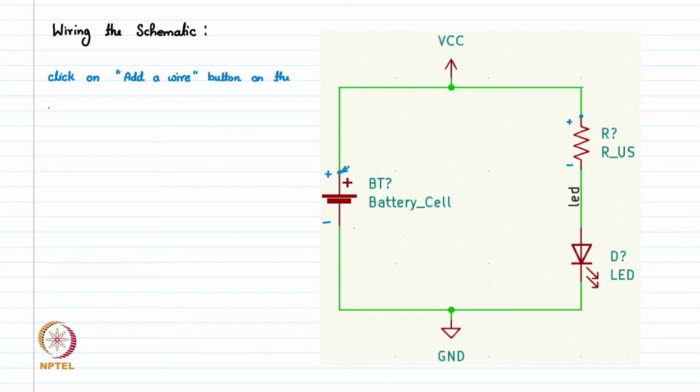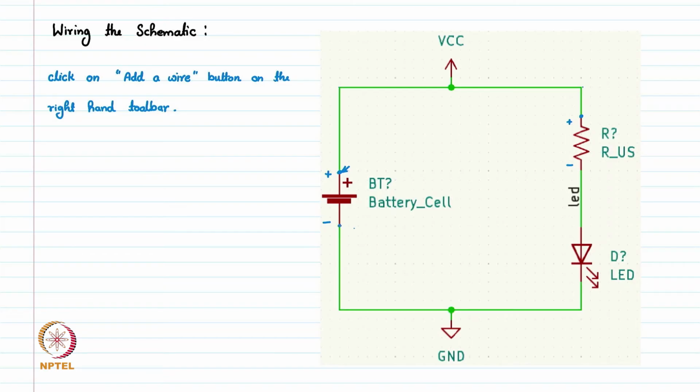So once we draw a wire from one terminal to another terminal, it means these terminals are connected using a connection.